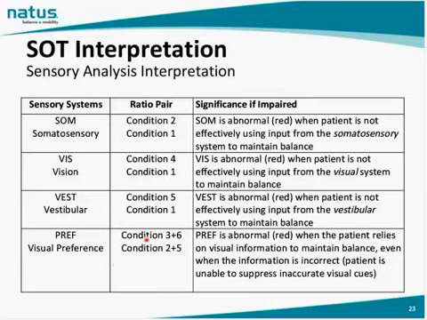That is conditions 3 and 6, where the visual surround is in motion, results in poorer performance than when the patient has their eyes closed. It's very common for vestibular patients to develop vision preference problems, and that's been referred to in the literature as the classic 3-5-6 pattern, and we'll see one of those in a minute.